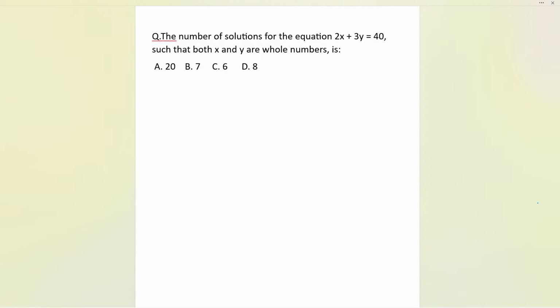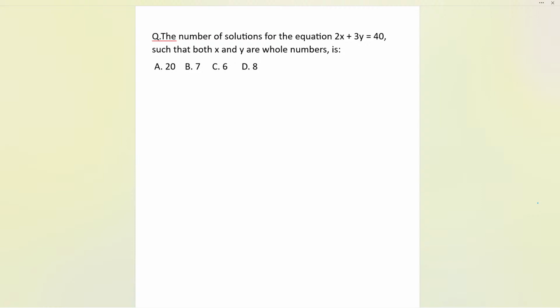Okay, Tushar, 7 is the answer. Rest of the people, try. You have 30 seconds more. Time is up.